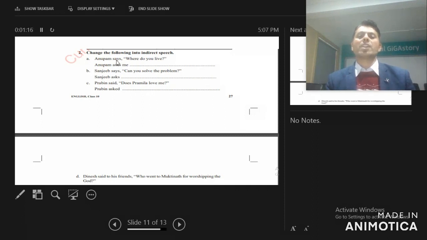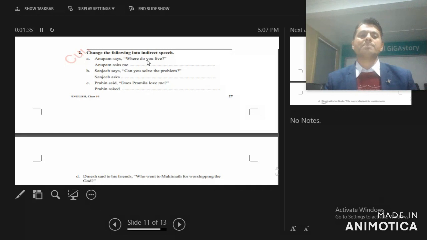Very first, you have already noticed, this reporting verb says must be changed or not? Anupam says, okay, this verb must be changed, as I told you before, as you have seen from the above table.